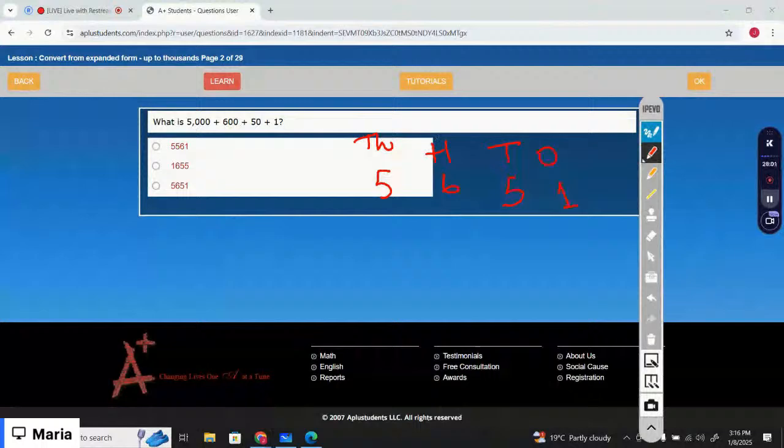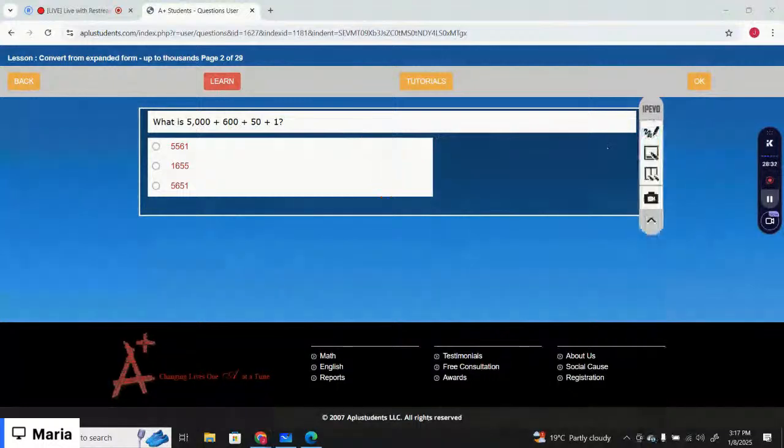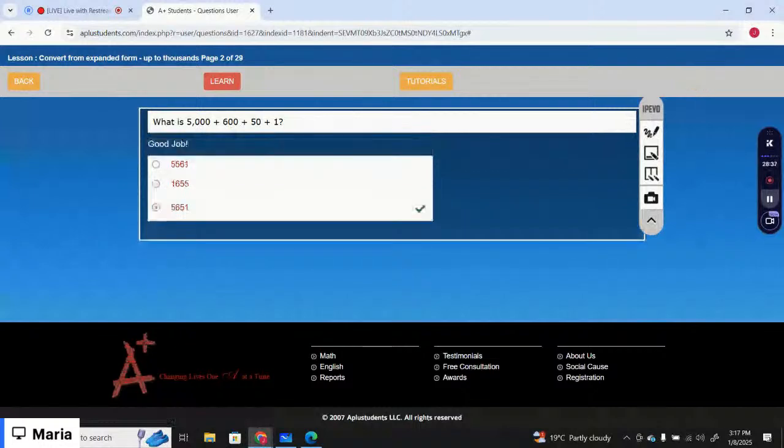When you add, you can see the number they make, that is 5,651. Option number 3 is the correct option.